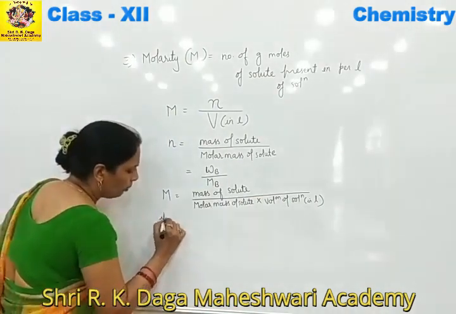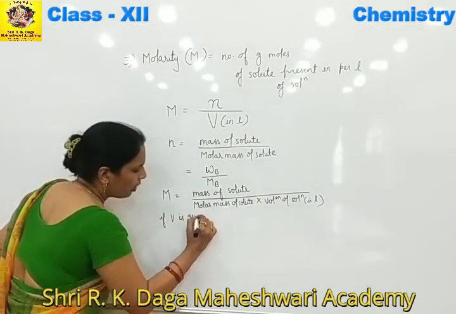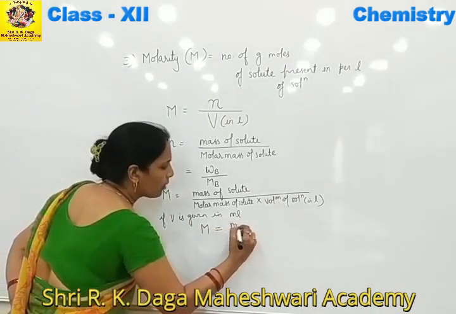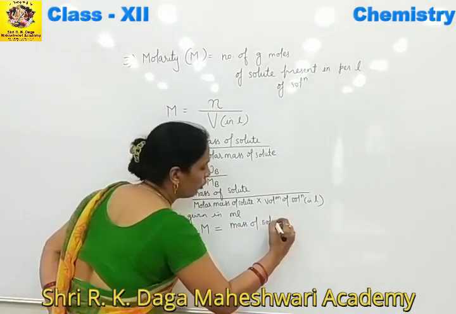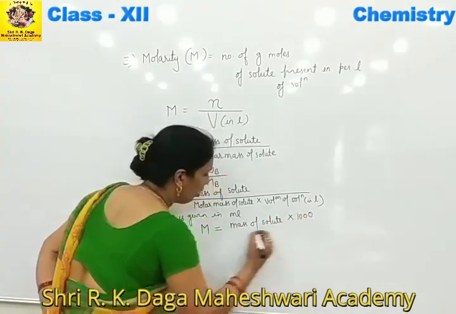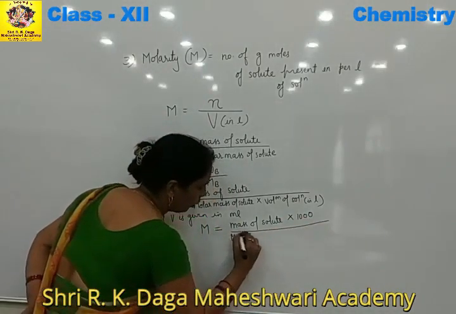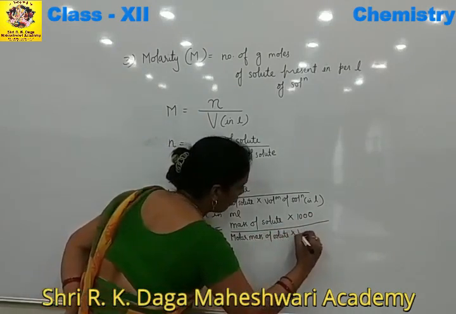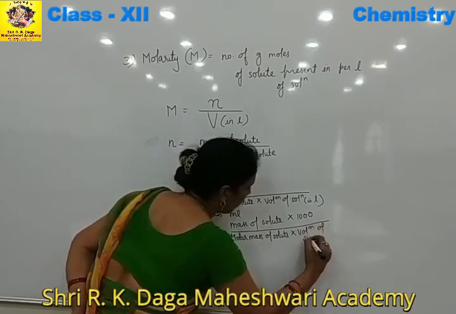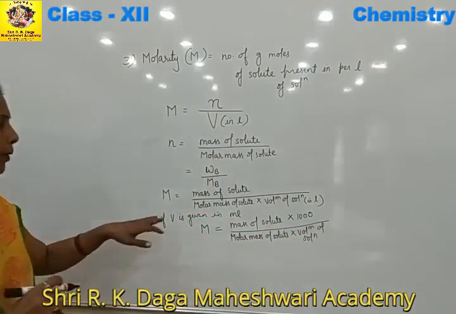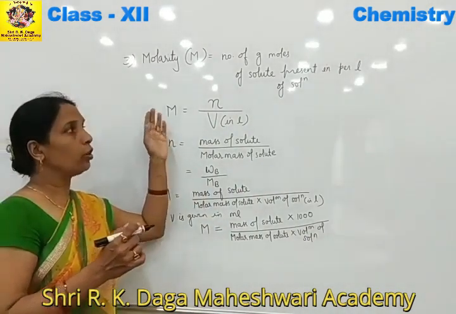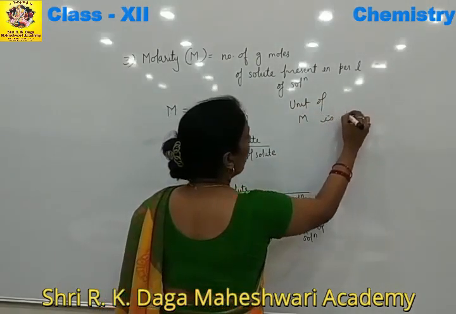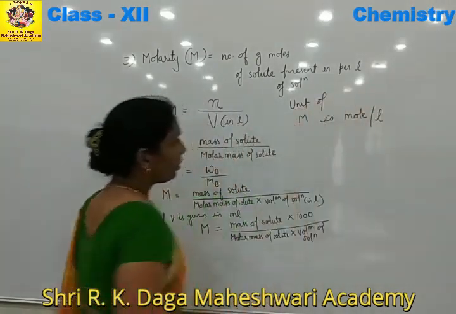So, if volume is given in milliliter, the new formula of molarity will be mass of solute multiplied by 1000 divided by molar mass of solute multiplied by volume of solution. With the help of this formula, we can calculate molarity of the solution, and the unit of molarity is mole per liter.